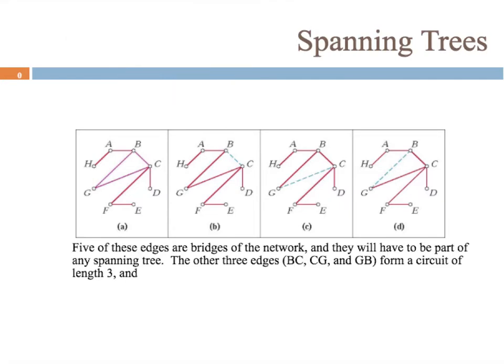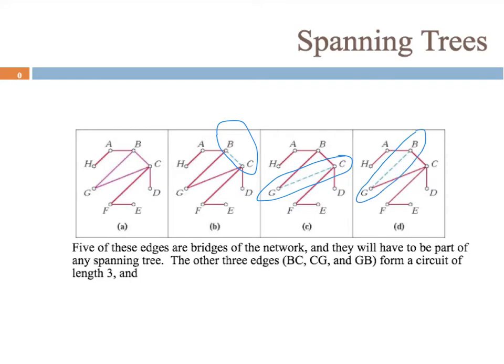So 5 of these edges are bridges of the network, and they will have to be part of any spanning tree. The other 3 edges are labeled here on parts B, C, and D. If you look at BC, that's not a bridge, because if we were to take it away, the network is still connected. Notice also if we were to take away GC, the network is still connected. Same thing goes for BG.